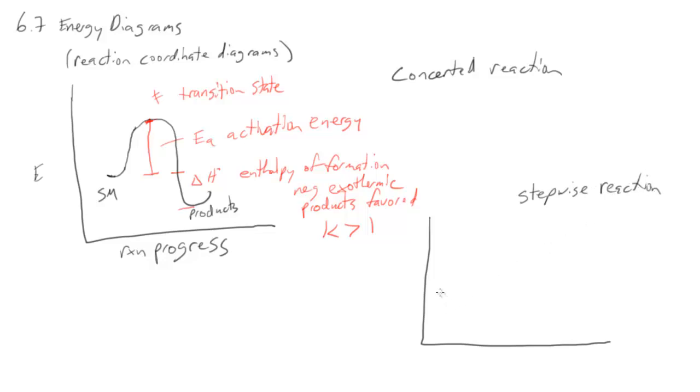In a stepwise reaction, we also start at our starting material. We go up through some kind of transition state, but the difference is we stop somewhere in the middle before we go back down to our product. So here I've got my starting material, here I've got my product, but here in the middle I have something that's called an intermediate.